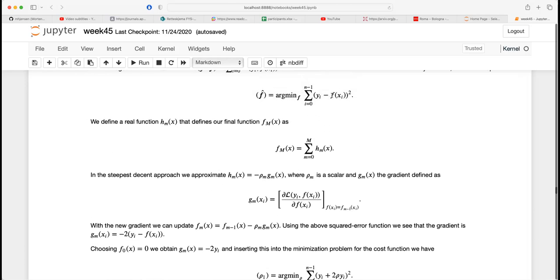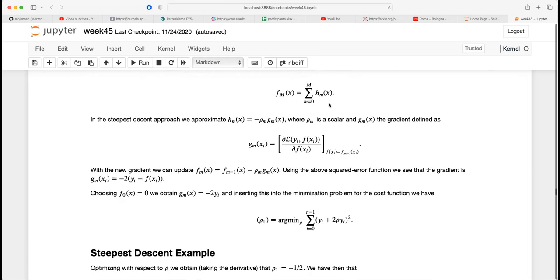So we would have it in here, plug it back, and then we optimize. And when you optimize, this is more or less as we've done before. When you optimize, then you could reuse your gradient descent method from project number 2. And then you find the optimal parameter. This is rho of 1. And when you have rho of 1, you move back, you redefine this function, and then you keep going.